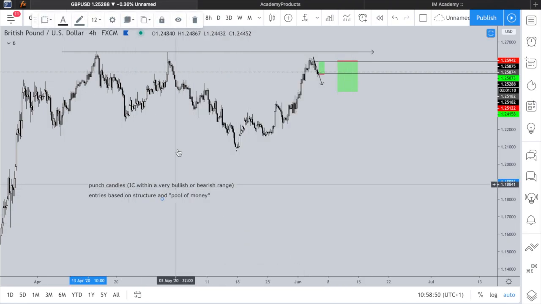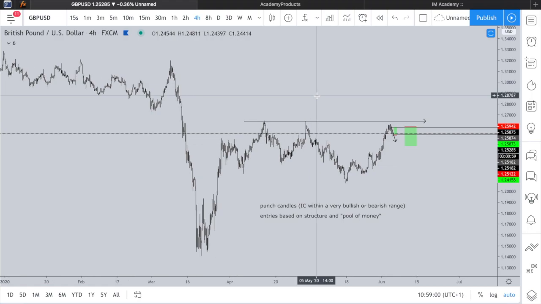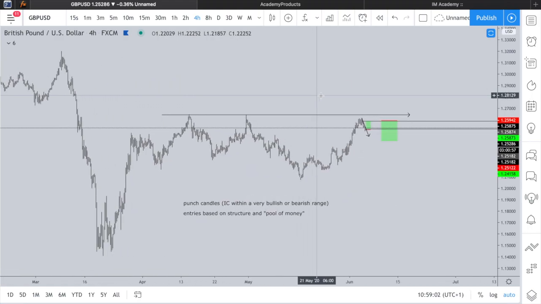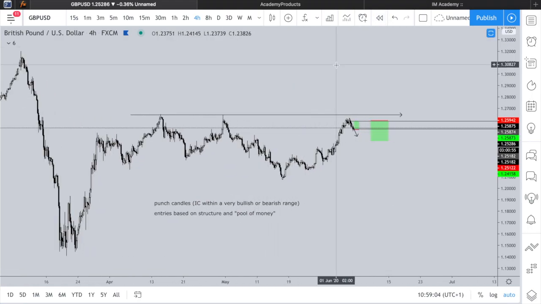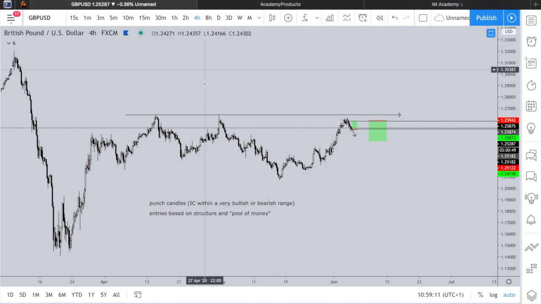Okay, we're going to go through some very key stuff in this video. So let's give some very close attention to what's happening in terms of the structure for pound versus the US dollar. This is not in replay mode. This is the current market right now, and it's Thursday, 4th of June at 11 a.m. UK time.